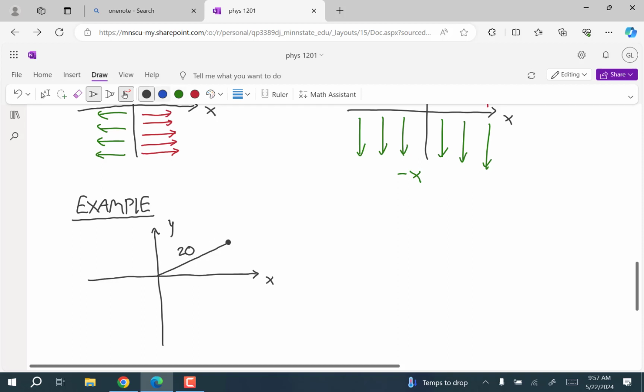And let's say that we know that the angle between the x-axis and this is 20 degrees. Okay, and we want to know what are the coordinates of that point. Let's call this point P.